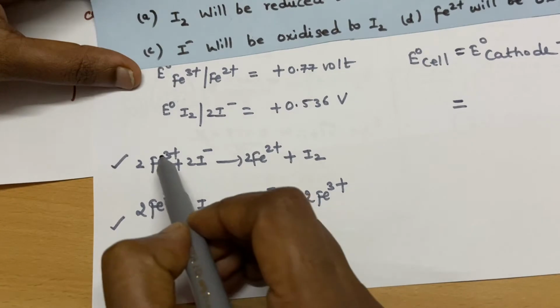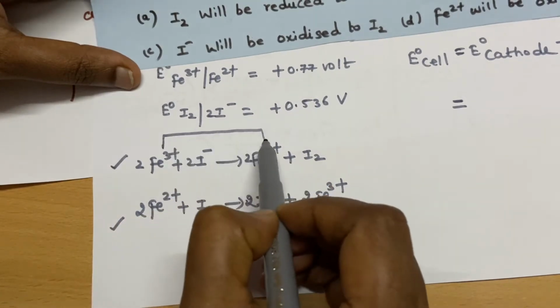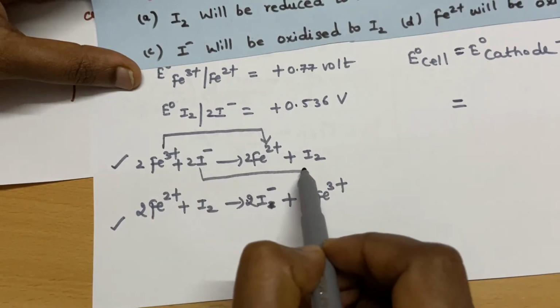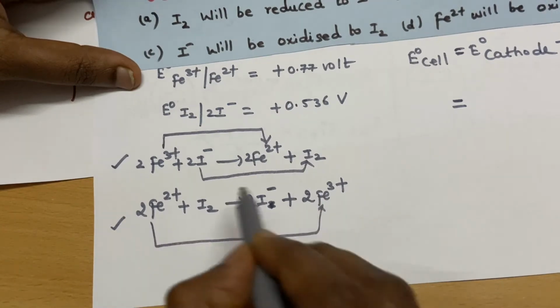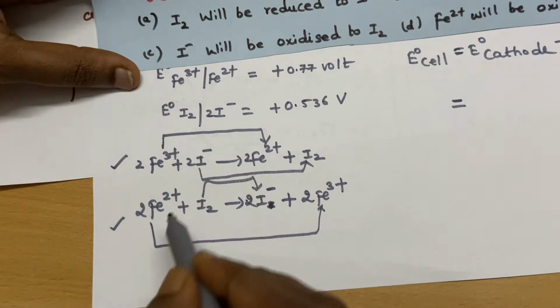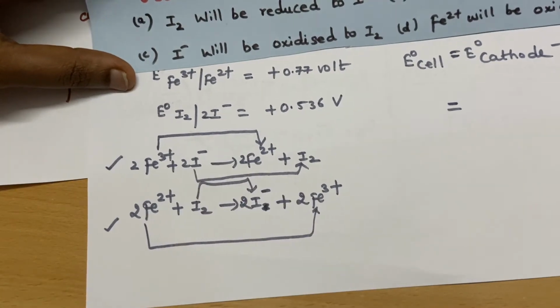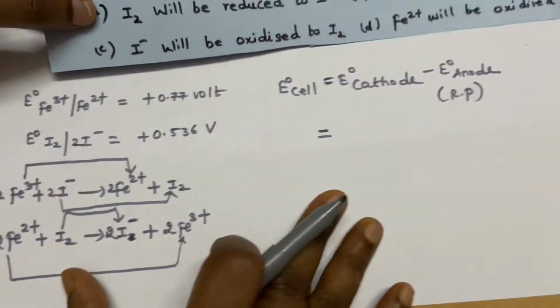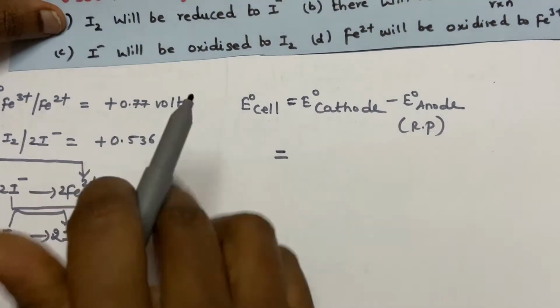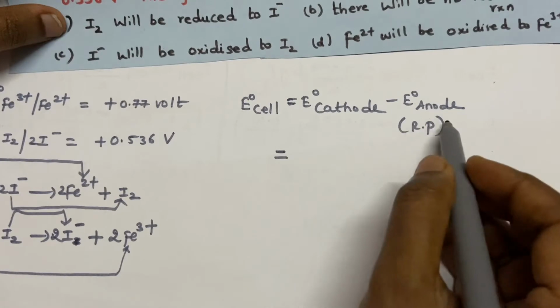Either here your Fe3 plus is reduced, okay, and this is oxidized, or in this reaction your Fe2 plus is oxidized and this has been reduced. Okay, which reaction will take place, they are asking. We are not going to supply any external energy, it has to occur spontaneously. So given the reduction potential, I am going to use this formula.